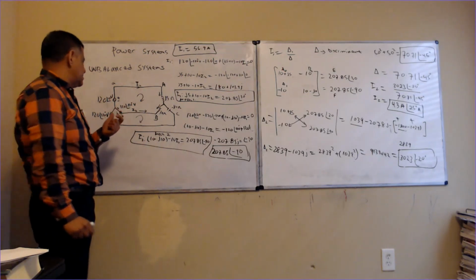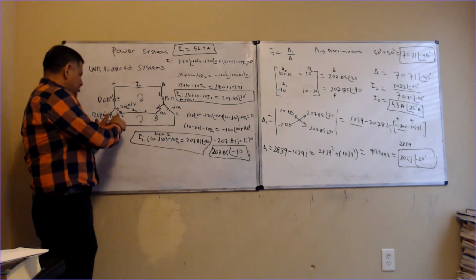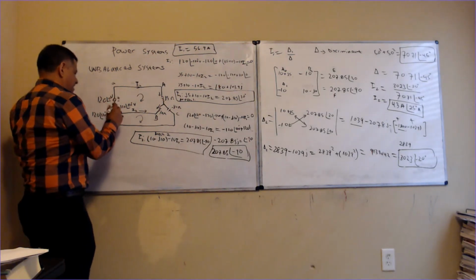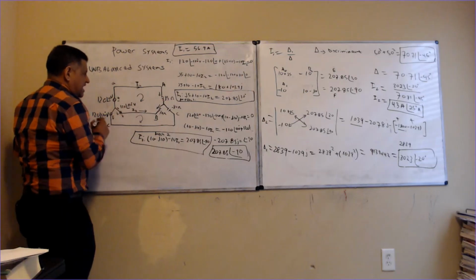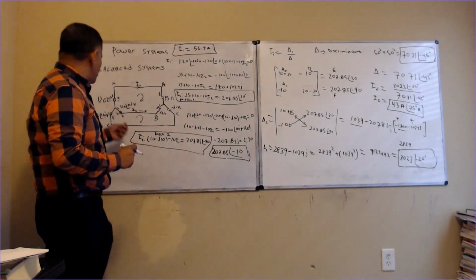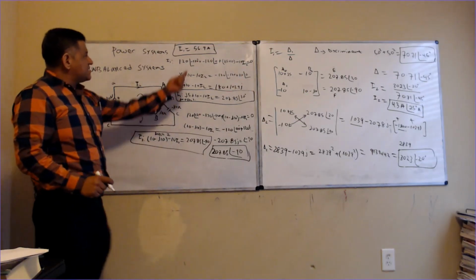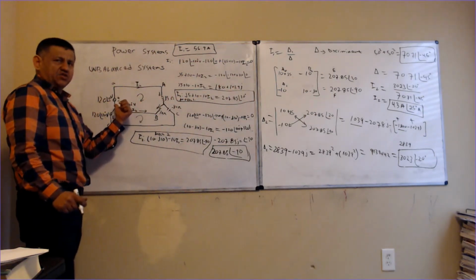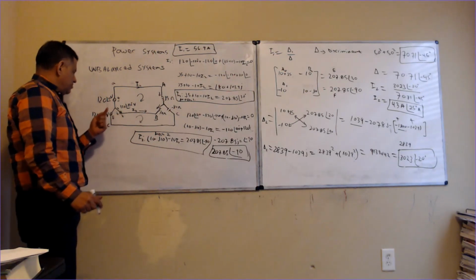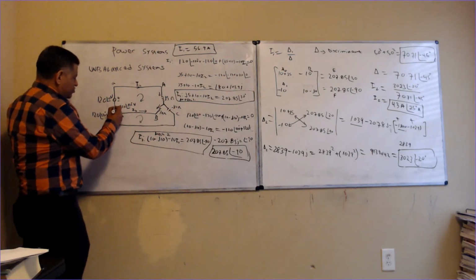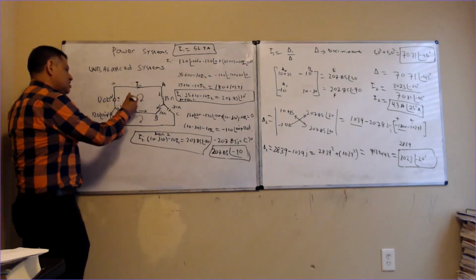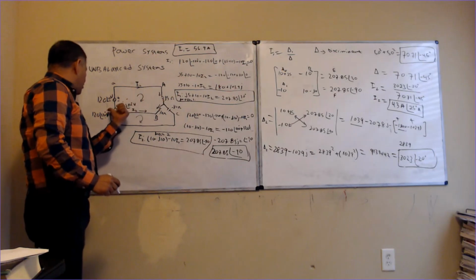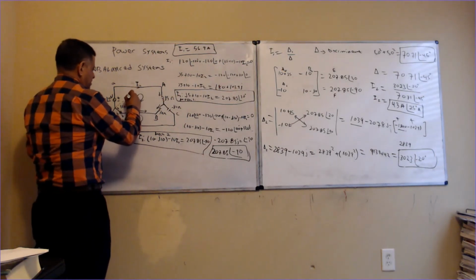I can actually pull out a neutral, and that's the whole purpose of a balanced load: the excess current, the difference, is going to go through the neutral, back to the source. So if I put a neutral here, those almost 15 amps of difference are going to flow in the neutral.